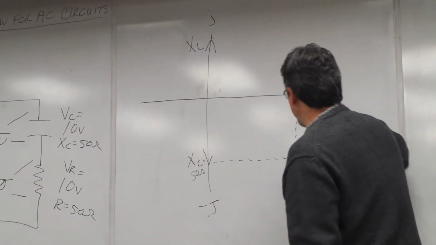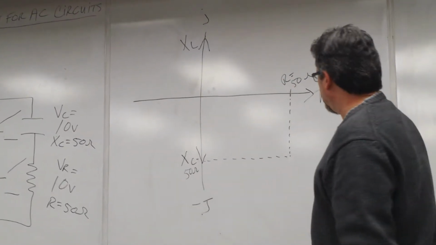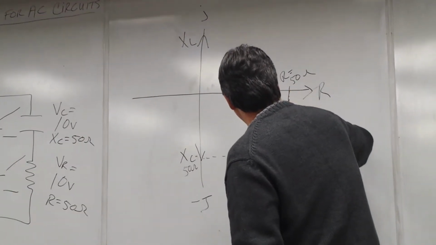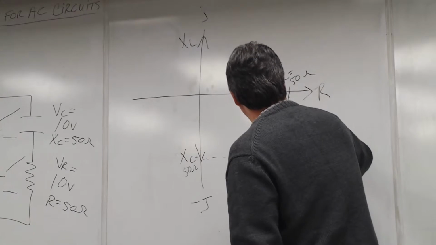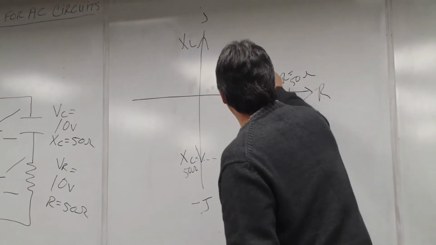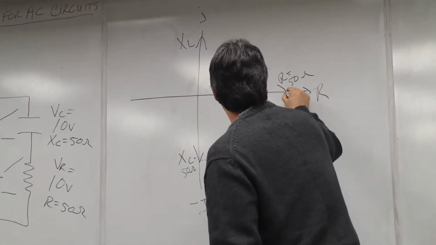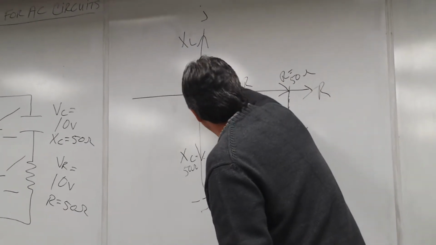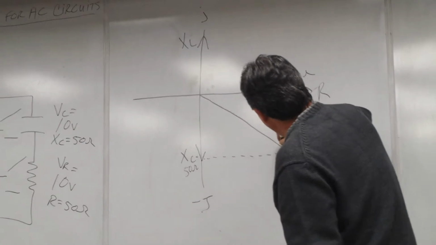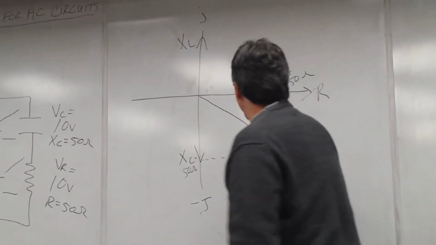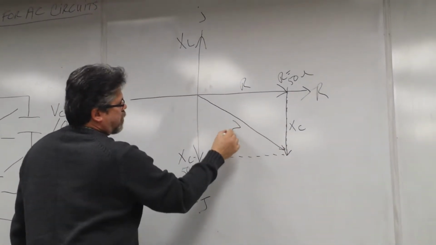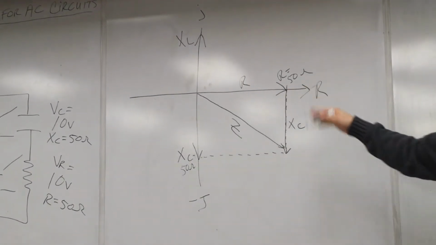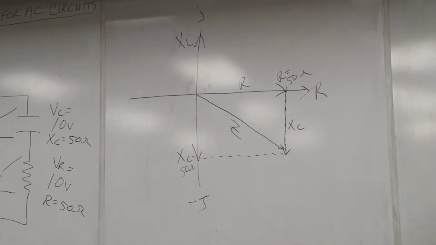So you have something that looks like this. This is called projection modeling. You have a vector that's this way. That's X of C. The resistor, from here to here, is R, and then you have a displacement from here to here, which is Z. This is the impedance. So you have a Pythagorean triangle.